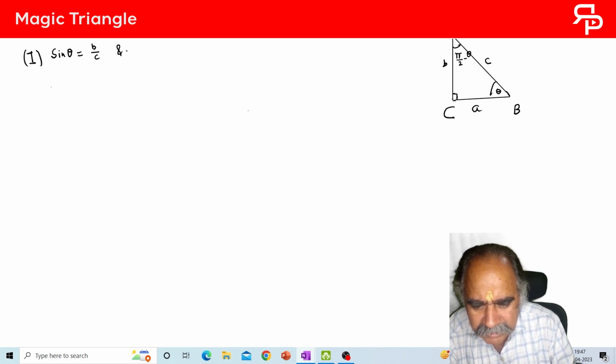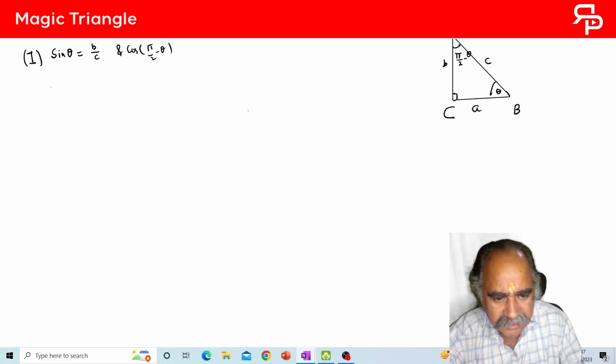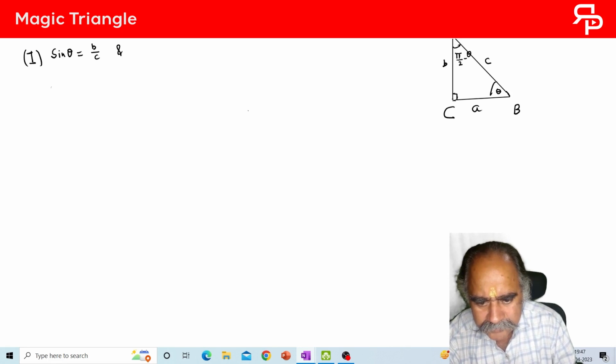And if I take cos of pi by 2 minus theta, the adjacent side of angle pi by 2 minus theta is b.